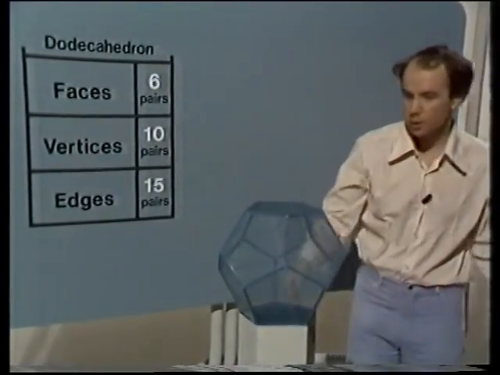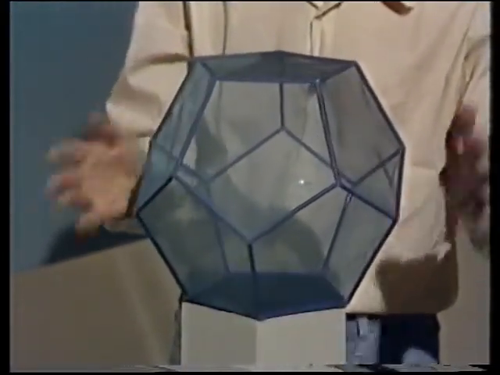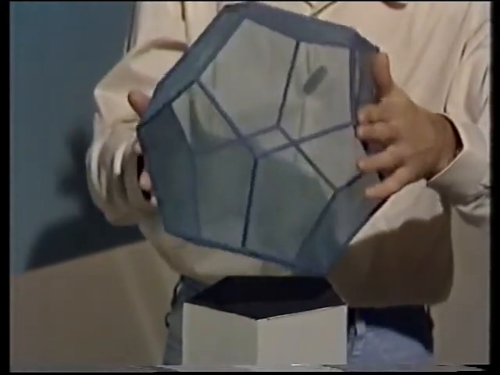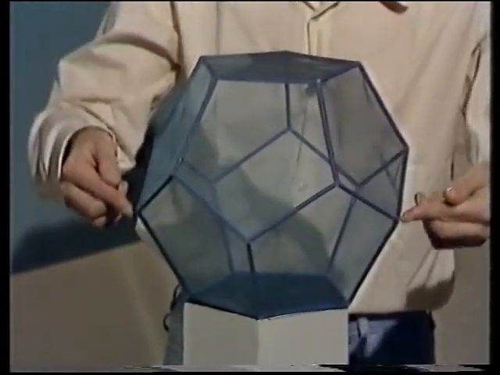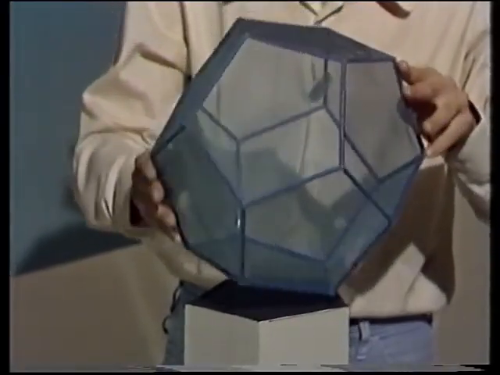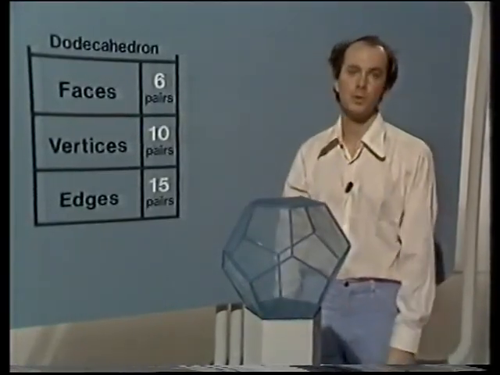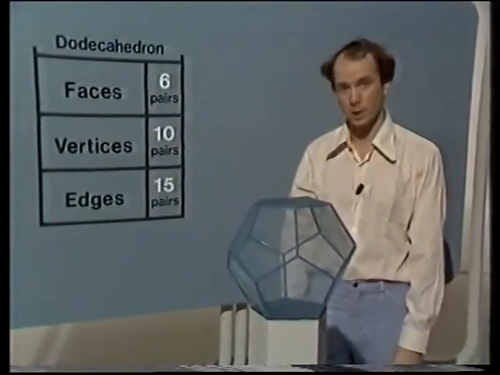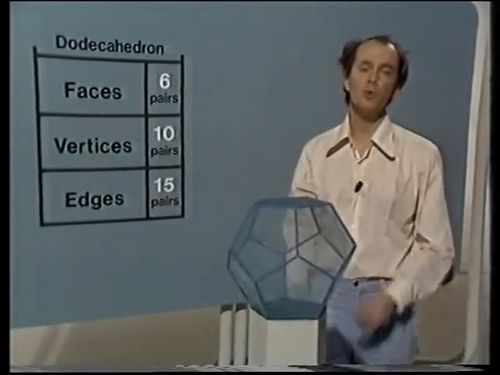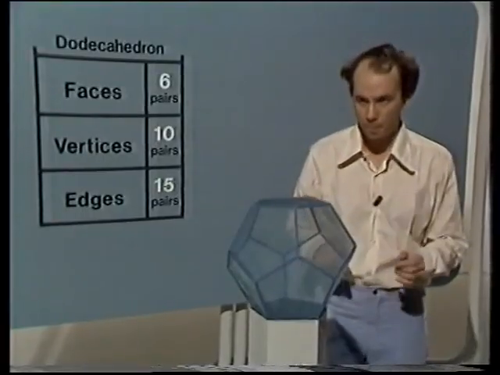The vertices come in opposite pairs, the faces come in opposite parallel pairs, and the edges come in opposite parallel pairs. The reason we're thinking of these as pairs is that that will help us determine the individual motions of the dodecahedral group. But before we look at them individually, let's first see how many of them there are.